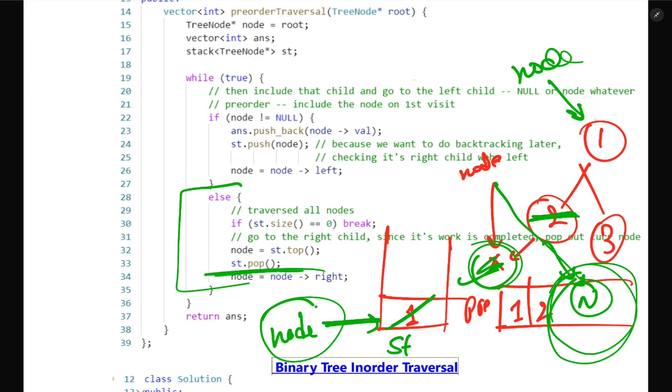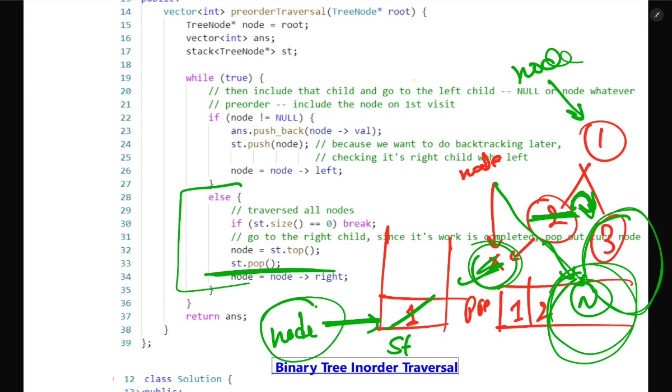And we will go to 1's right subtree's root, that is 3. But before that, can you see this? Before pointing node to 3, this is in order, right?